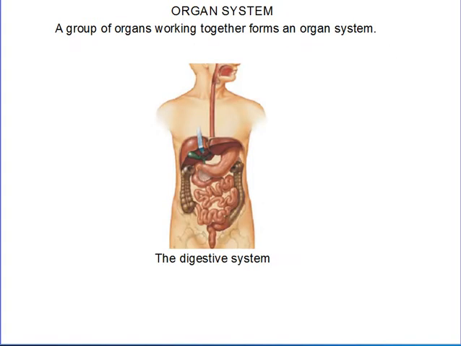And then a group of organs together form an organ system. Here we have the liver, we have the stomach, small intestines, large intestines, rectum. All these are coming together to form the digestive system.